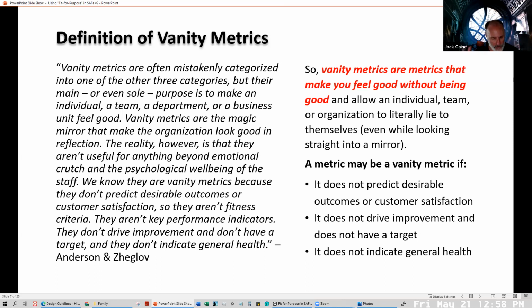I would try to understand better why they believe that what you think is a vanity metric is a fitness criterion, a key KPI. If you see management with a bunch of KPIs, maybe they're not KPIs. Look at the definition of a vanity metric. Okay. Other questions?